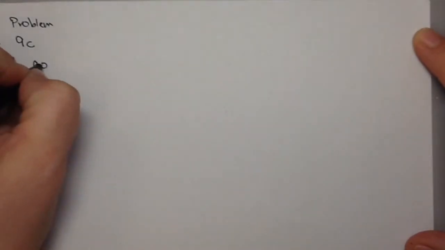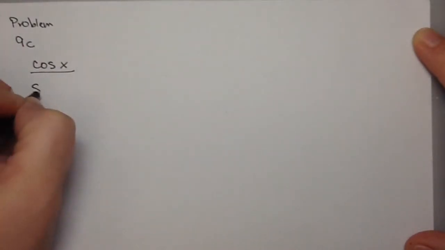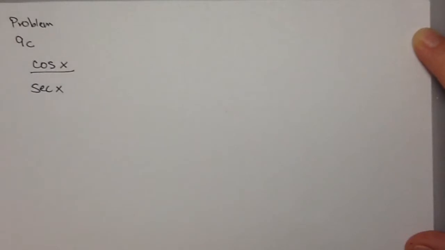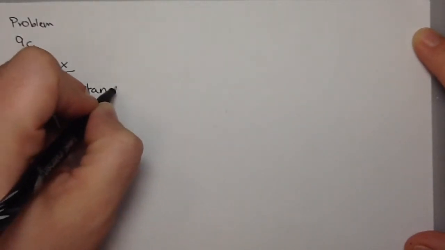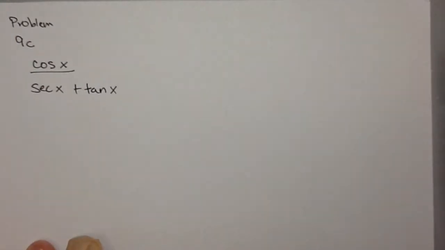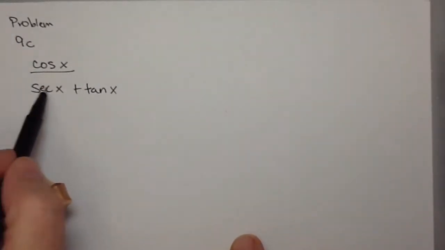Problem 9c says simplify cosine x over secant x plus tangent x. Okay, so I'm going to try and unpack my denominator here.